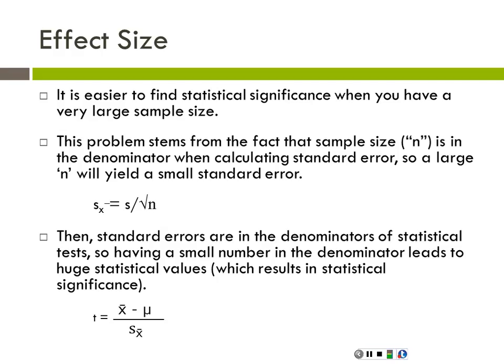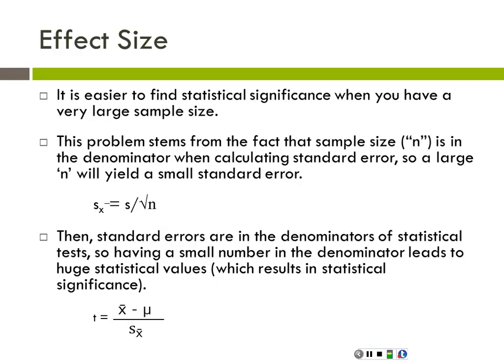So you don't have to like super memorize any of this stuff, but I just think it's important to point out the reason sample size influences our statistical significance is because we're using sample size to calculate statistical significance, right, our t-values. So bigger sample sizes make smaller standard errors, and smaller standard errors make bigger t-values.